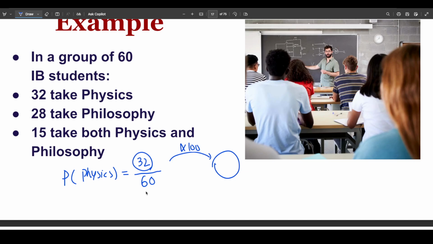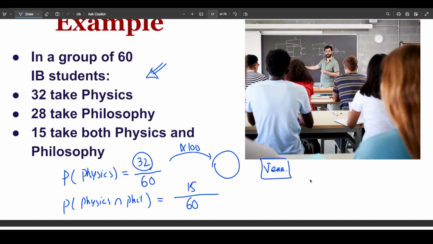Okay, if I ask you what is the probability that you choose a student at random and that student has physics and philosophy, you're going to tell me it's 15 over 60. As many of you know, for describing this kind of event, we prefer to use a Venn diagram. Why?